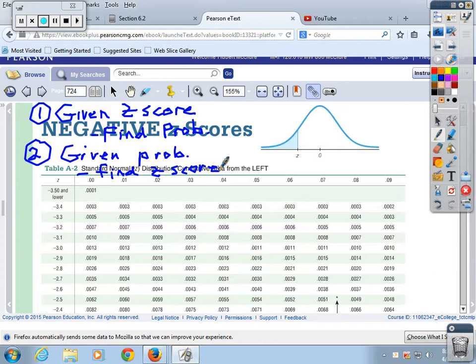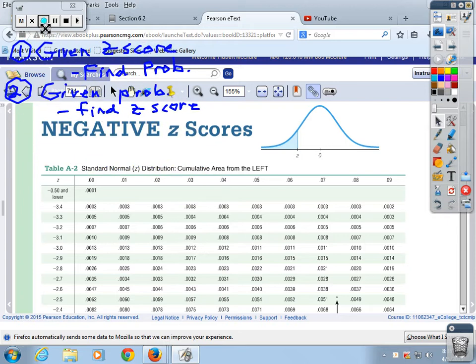So, there's 2 or 3 things that you have to know about this table before we get started. One is, everybody take your highlighters out, and I'm going to highlight this in red because it's important.